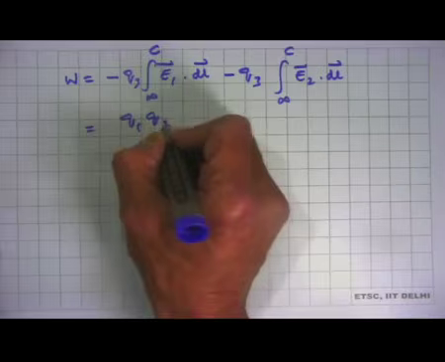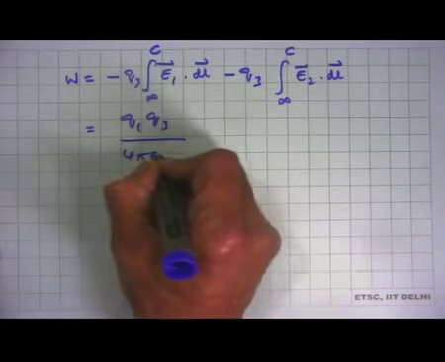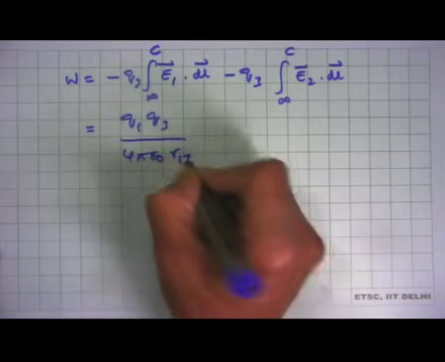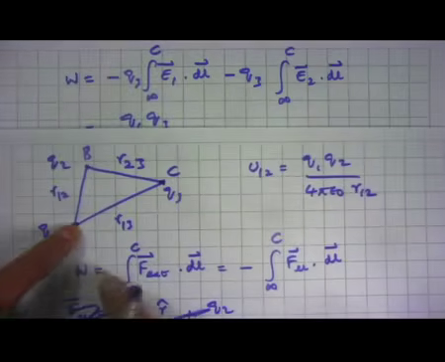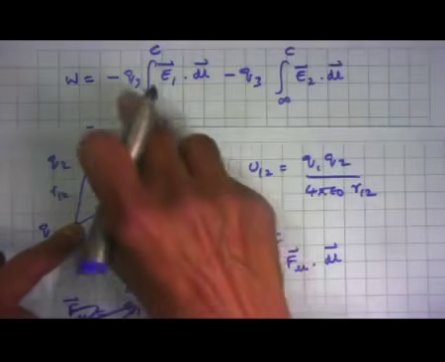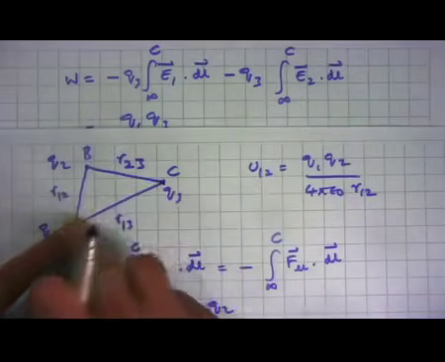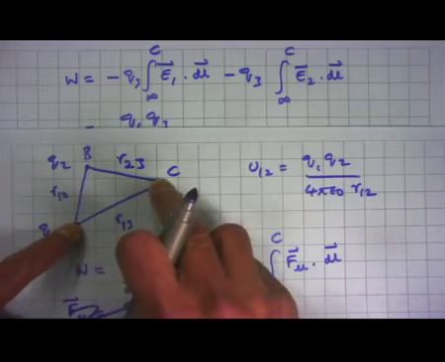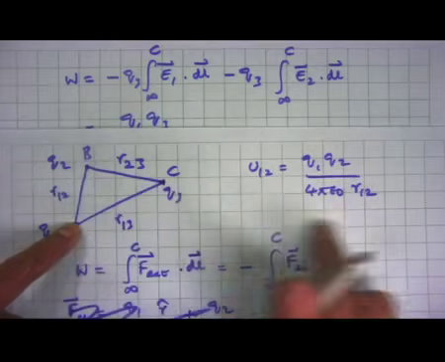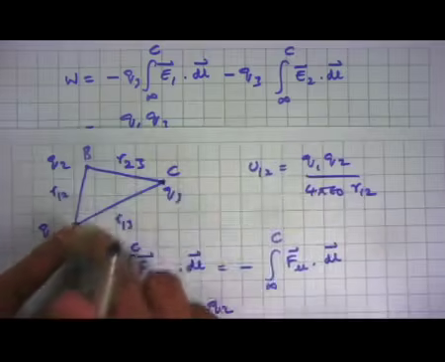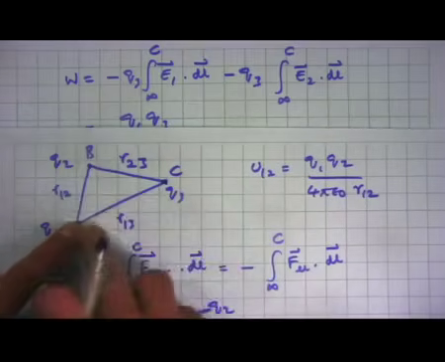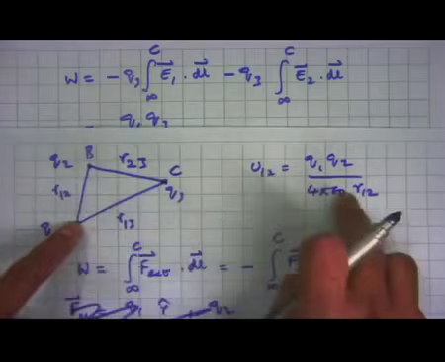q1 q3 by 4 pi epsilon 0 r13, because E1 is the electric field produced by q1, and this is the work done in bringing q3 from infinity to this point at a distance r13 from here. So, the work done is exactly the same as this equation, except that q2 gets replaced by q3 and this distance r12 gets replaced by r13.